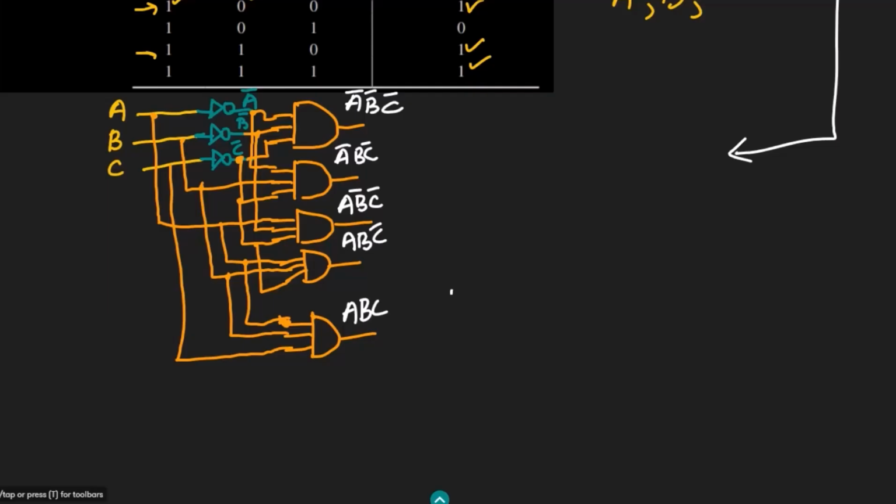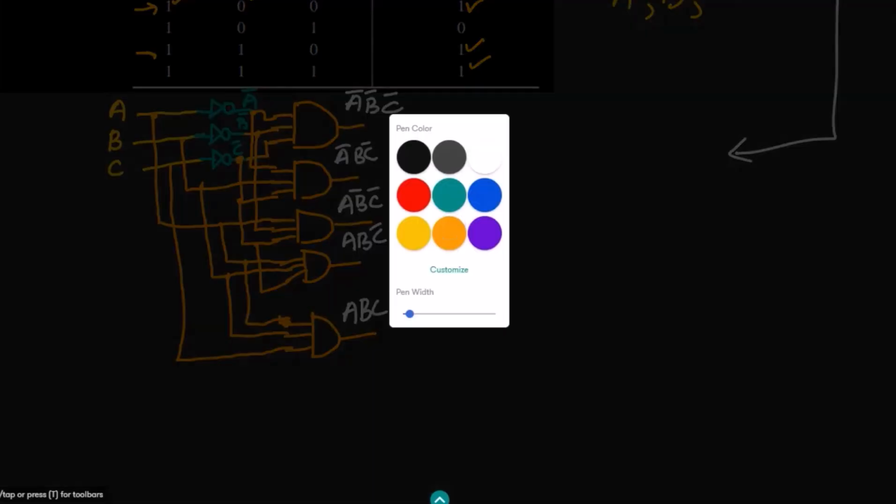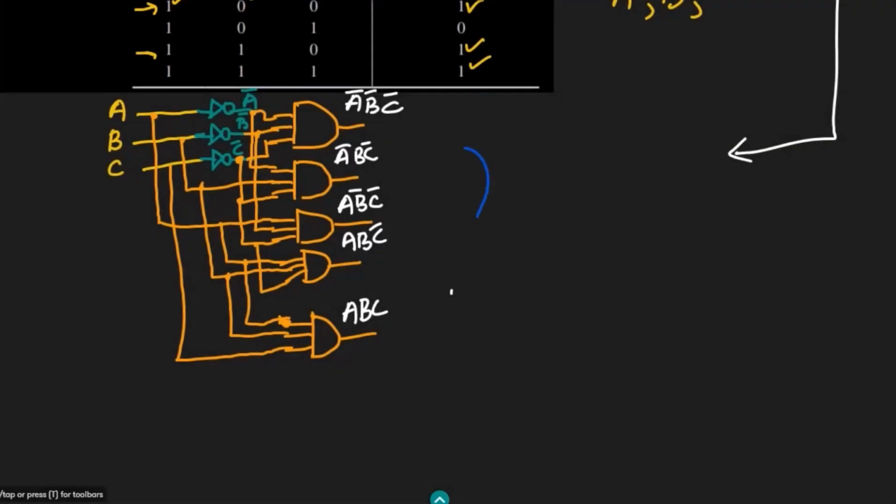So now I have to add them together, and to add them I have to use the OR gate, and to implement the OR gate I will have here, and it will have 5 inputs, so 1 2 3 4 5. To it the first input is this one, the second is here, the third one is here, this is the fourth one, while the last one will be here.